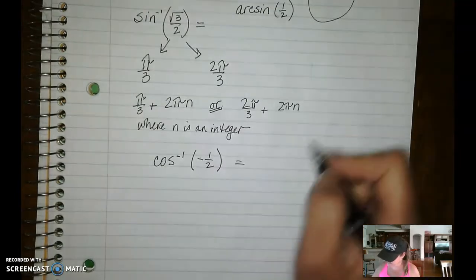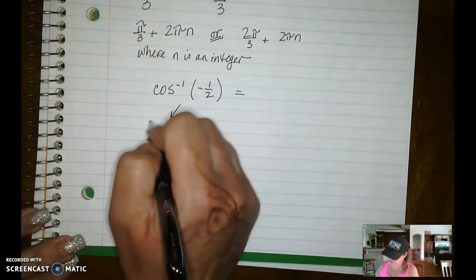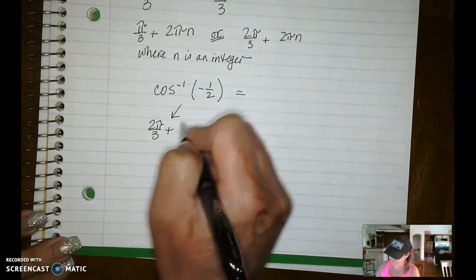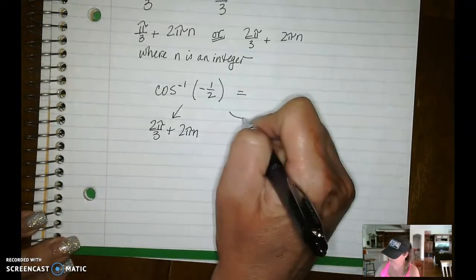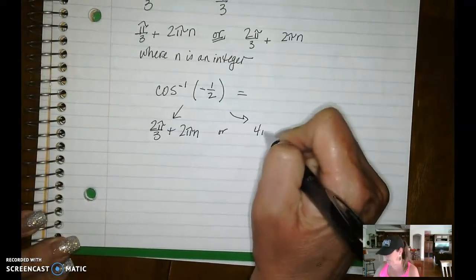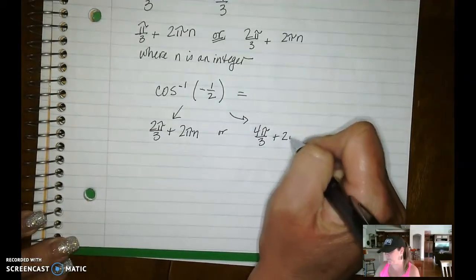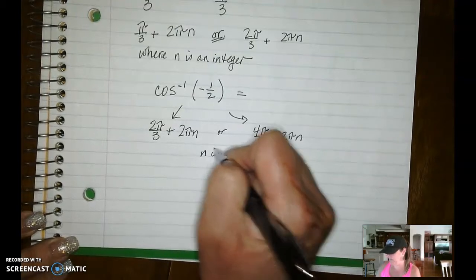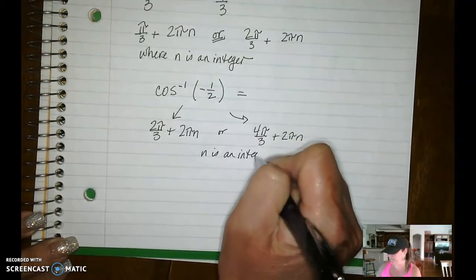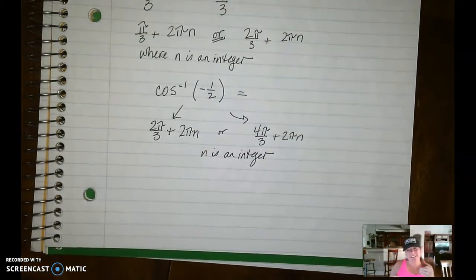So this answer is 2 pi over 3 plus 2 pi n, or it's 4 pi over 3 plus 2 pi n, where n is an integer. You have to add that in there to get the gazillion times that you can add and subtract 360 degrees.